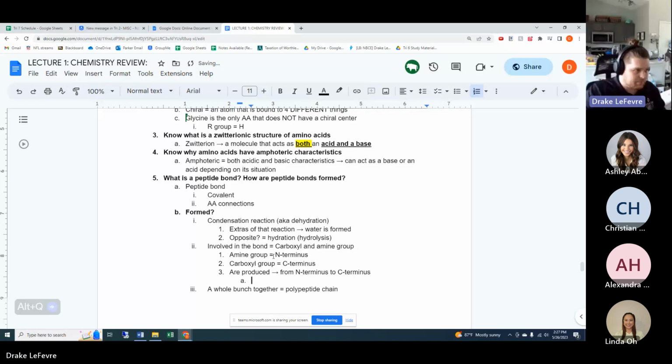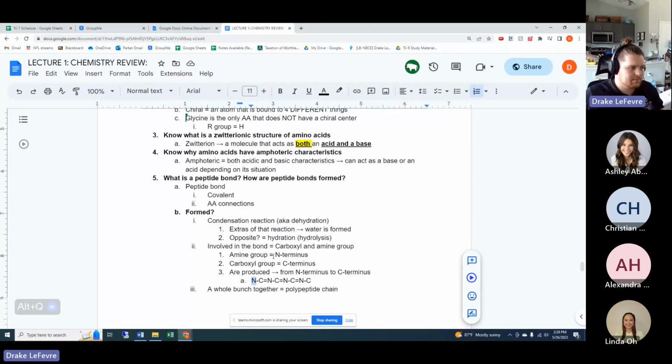What that means is that at either end, you have an amino group that connects to a carboxyl, and a carboxyl group on the other side which bonds to an amine group, like this. Does this sort of make sense?